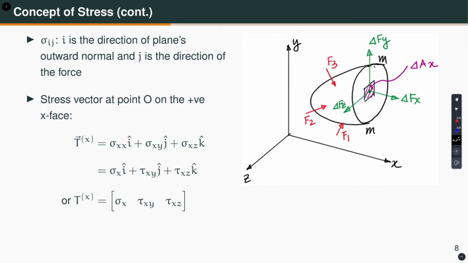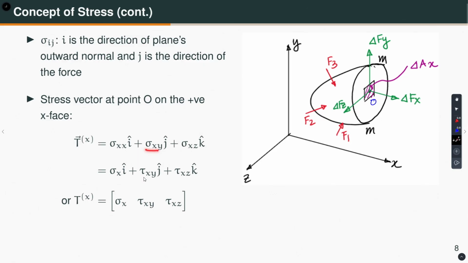Okay. So, we can now say that the stress vector on the x plane at this point O, this is my point O, is equal to sigma xx into i plus sigma xy into j plus sigma xz into k. Often we drop one subscript and say simply sigma x into i, and then for the shear stress components, instead of writing sigma, we use tau.